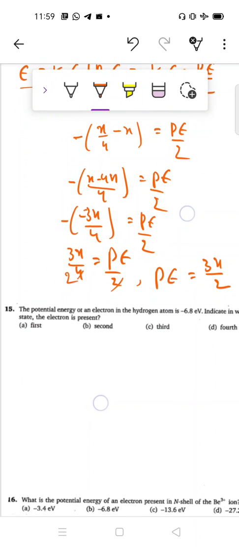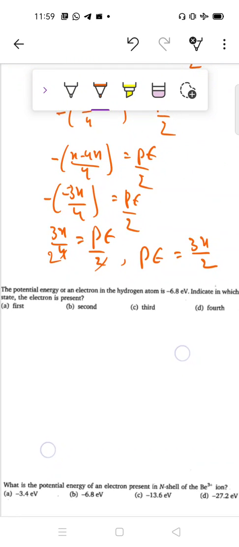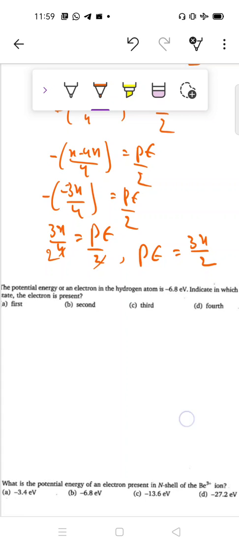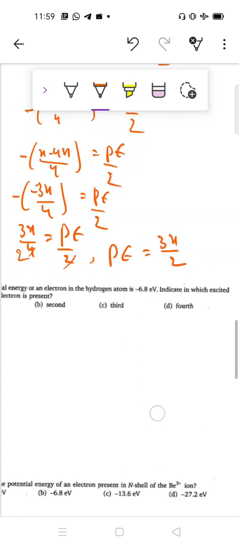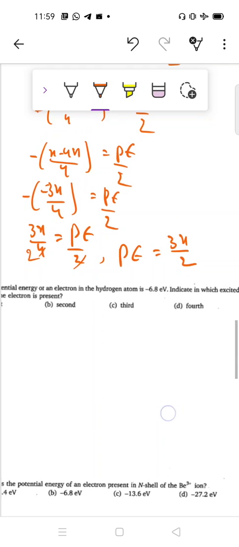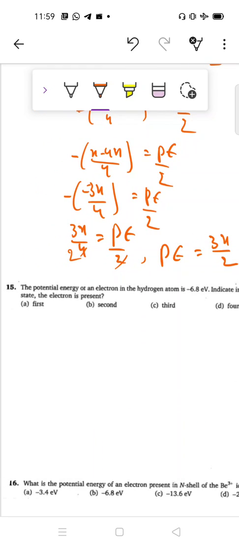Next question is the 15th question. The potential energy of an electron in a hydrogen atom is minus 6.8 electron volts. Indicate in which excited state the electron is present. Let us calculate.